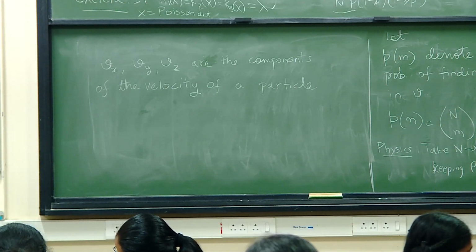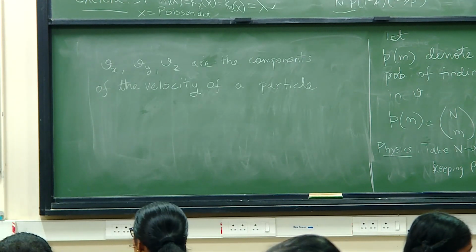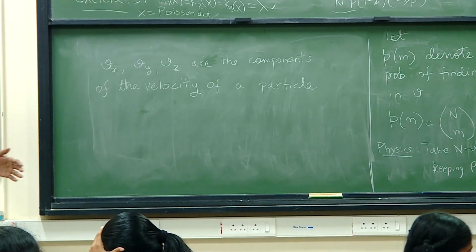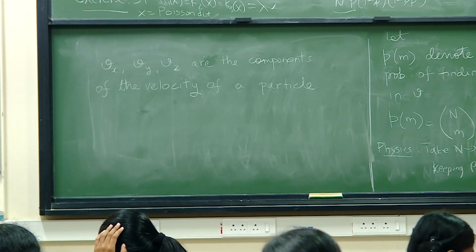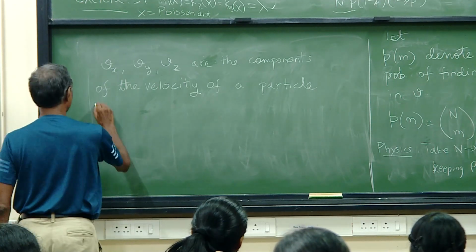But now, unlike the case of coin tossing, Vx, Vy, Vz can take values on the real line.